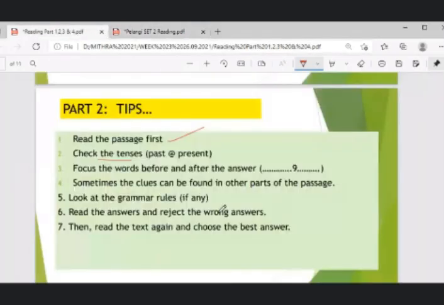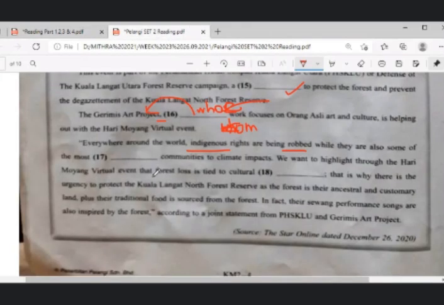I told you already about clues, look here. Sometimes you can find a clue in the text itself, and you have a clue here. Forest loss is tied to cultural loss. So it is already there for you. Sometimes if you read, you will get the answer from the text itself for some questions, but I'm not saying that you can see this in all the texts. Okay, sometimes. All right, well done.